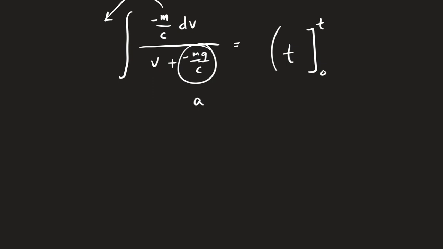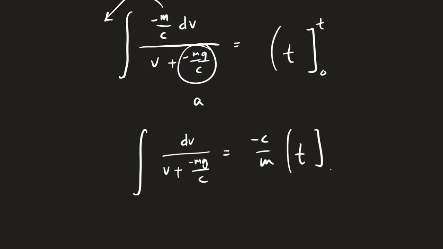So I'll rewrite this as dv over v plus negative mg over c equals negative c over m times t, evaluated from 0 to t. Right? Just got rid of it completely by multiplying both sides of my equation by negative c over m. Good?